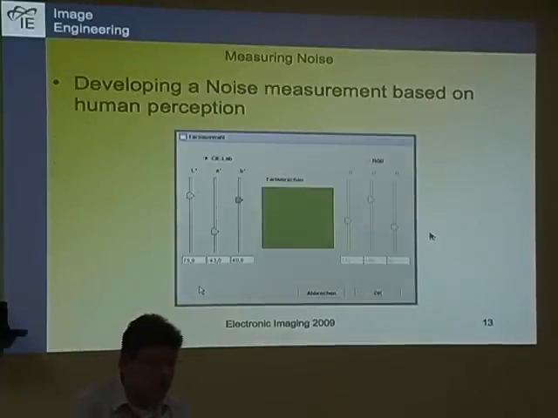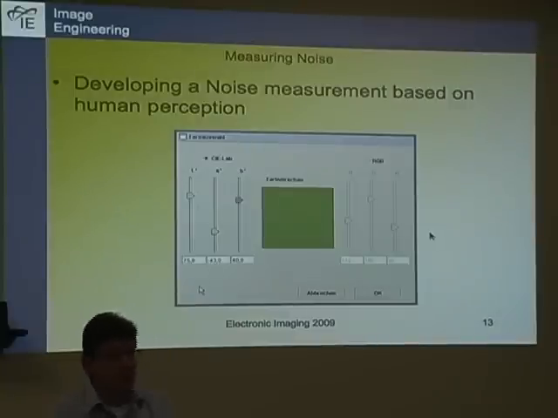The first thing we did about that was quite a couple of years ago. We tried to show people that CIELAB color space doesn't do the job. So we were selecting colors, adding noise to that color, and then we made people look at these colors, and they had a slider to adjust the amount of noise in different directions.